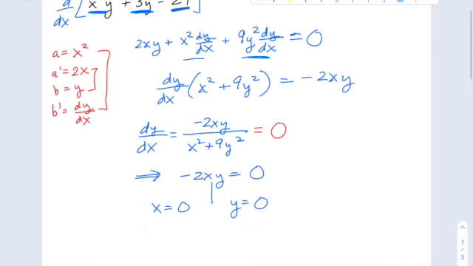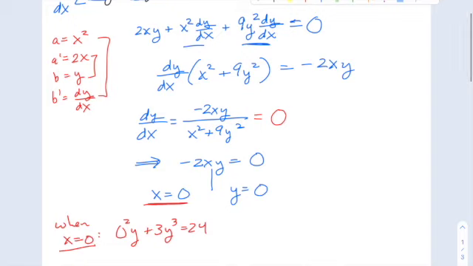Okay, so when x is equal to 0, let's see what does y equal. And so I'm going to plug 0 into this original equation for x, and so you'll get 0 squared times y plus 3y cubed equals 24.